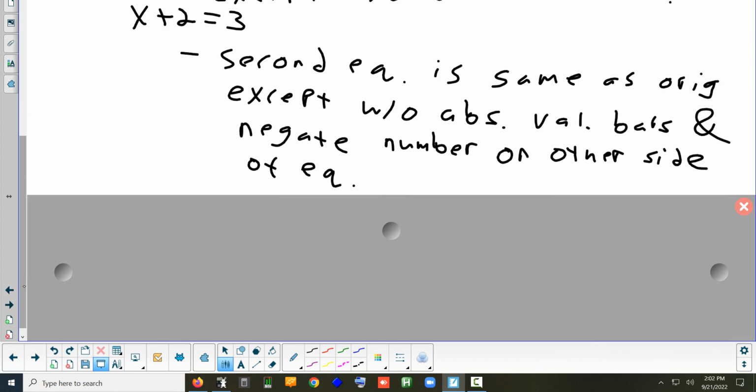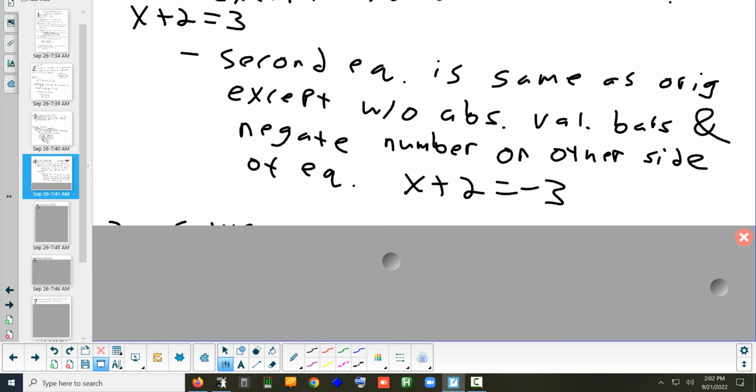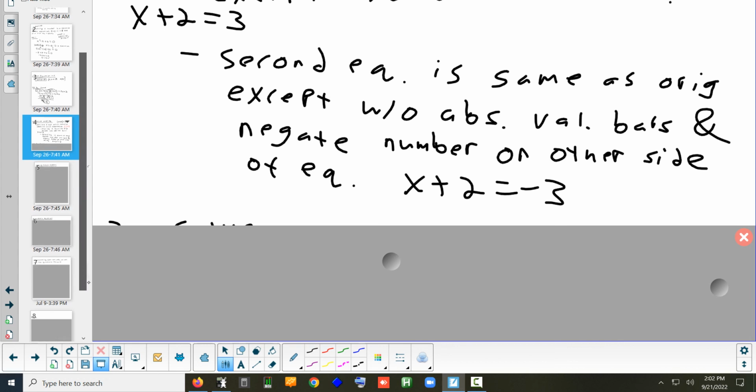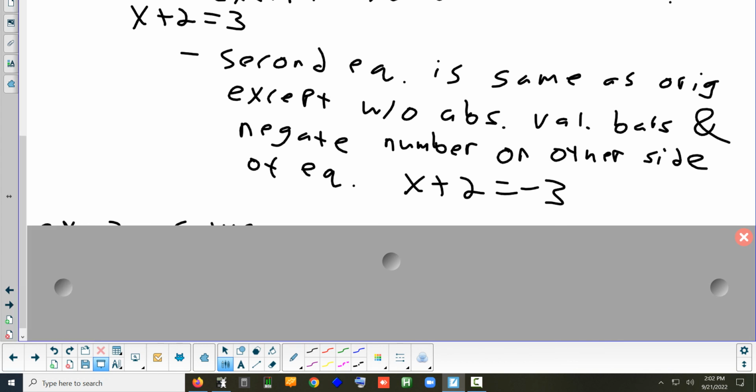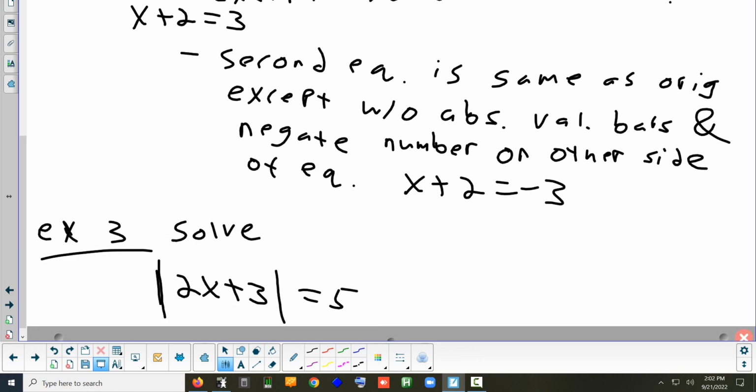That would be the other one. So when you solve an absolute value problem, you end up with 2 relatively simple problems to solve. I'm not actually going to do that one. That was just an example.